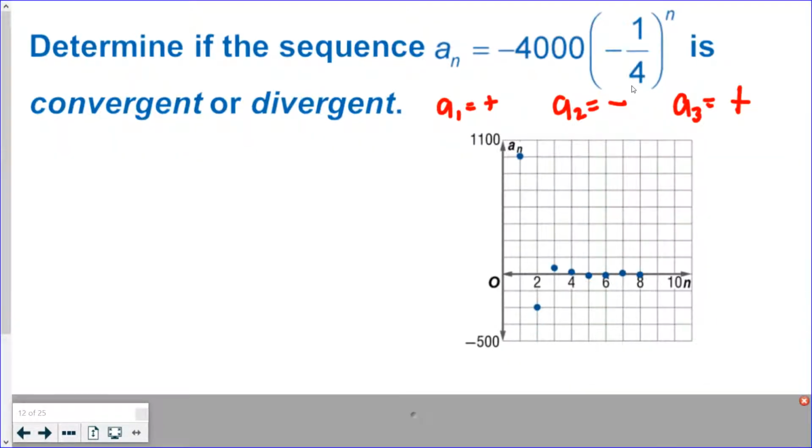I think these numbers are a little off. I'm pretty sure this guy here should be below the line and then above the line and below, but you kind of get the idea that we start way up high, we go down, it's coming back up. I think it does something more like this, and this, and this, and this. And we're getting closer and closer to what value? 0. So we would say this is a convergent sequence, and it converges to 0.